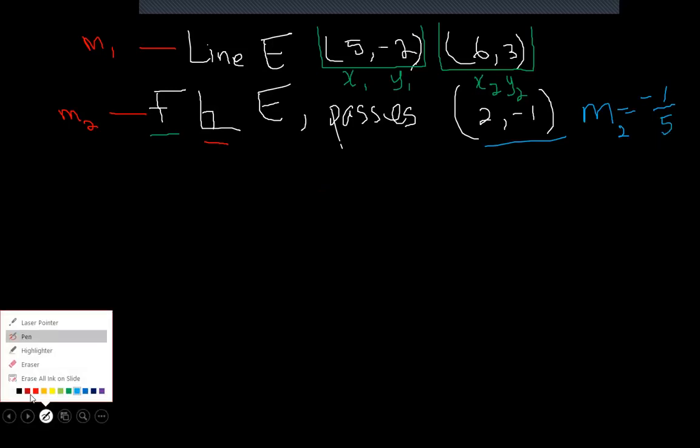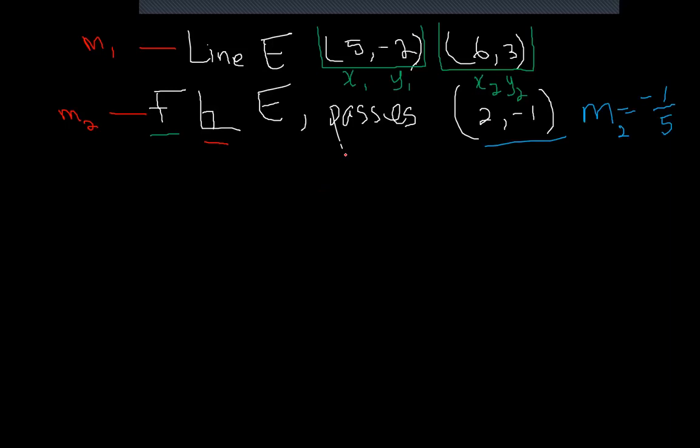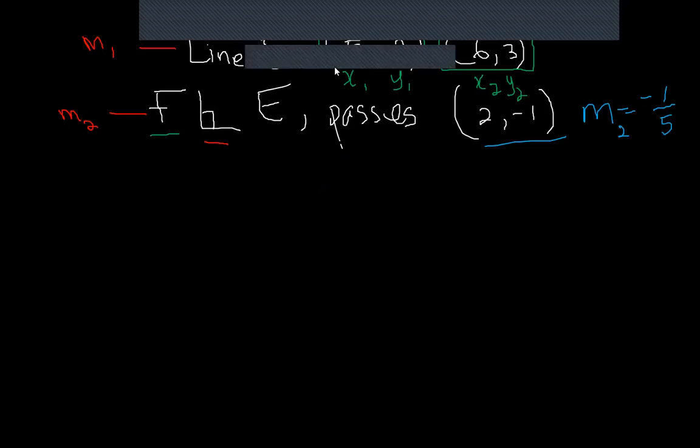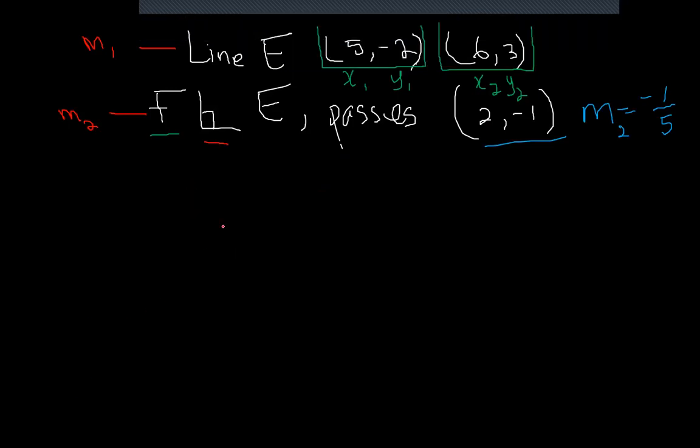Can anybody tell me the two methods to find the equation of a line? y equals mx plus c, or y minus y1 is equal to m open brackets x minus x1 close brackets. Good job. But we like to use the second method. Well, most people.